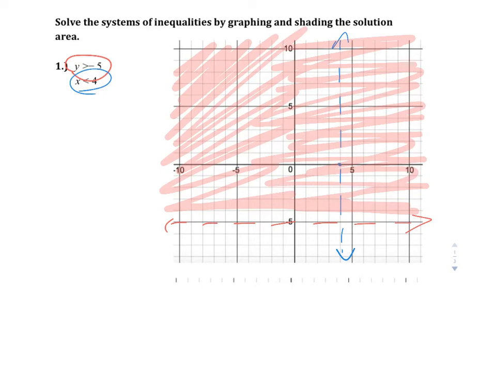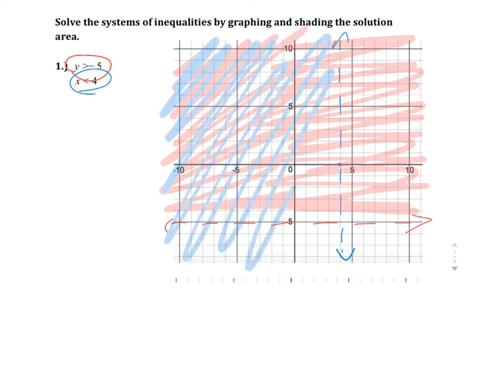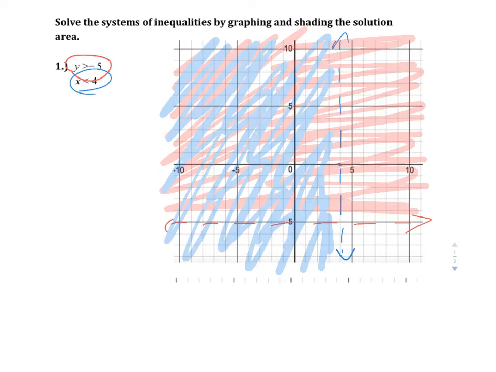Looking at the blue one, which is vertical, I have x is less than 4, so we are going to shade everything that is less than our 4. So looking at the solution, we want to see where it's overlapped. It's going to be in this area right here.